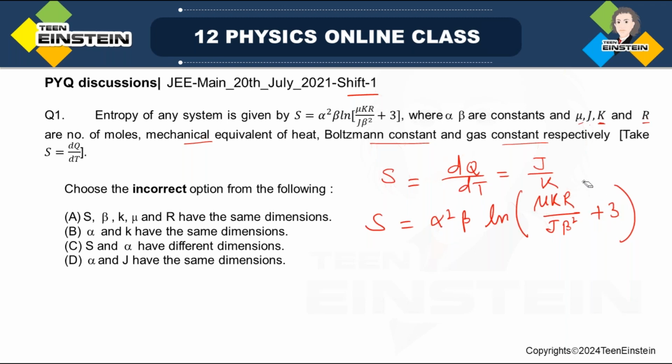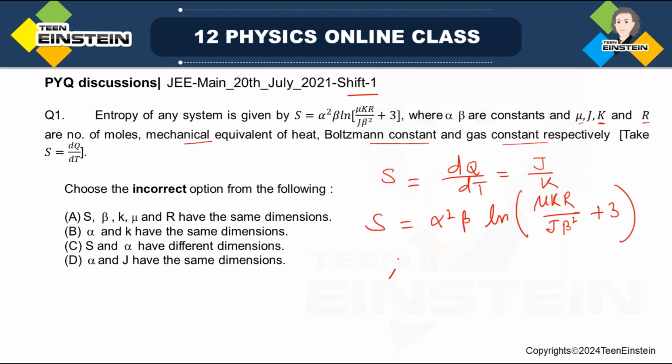A number can be added to a number alone. Any dimensionless quantity can be added to a dimensionless quantity alone. Like if I add a plus b, then both will have to be of same dimension. So that is the rule. Therefore I can say that this is actually a dimensionless quantity.